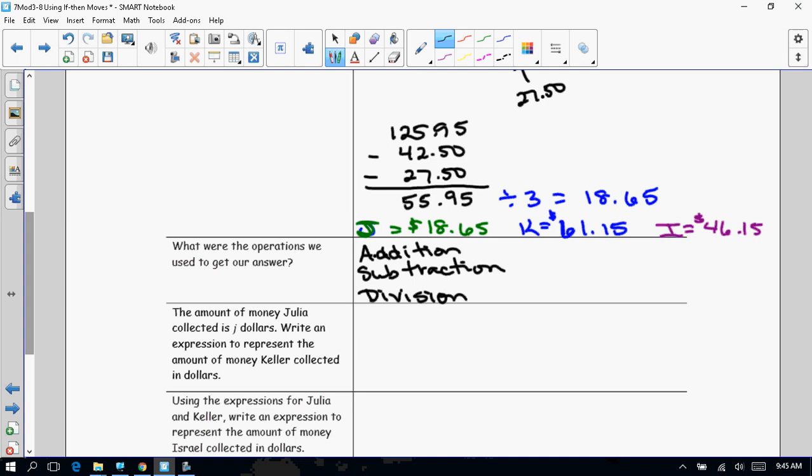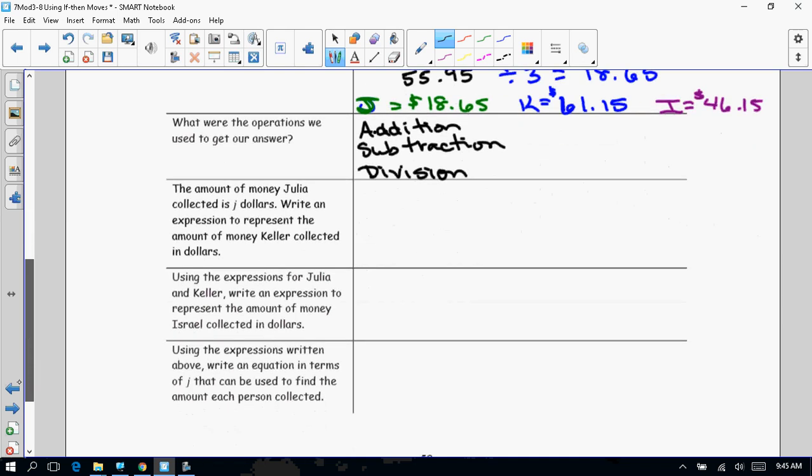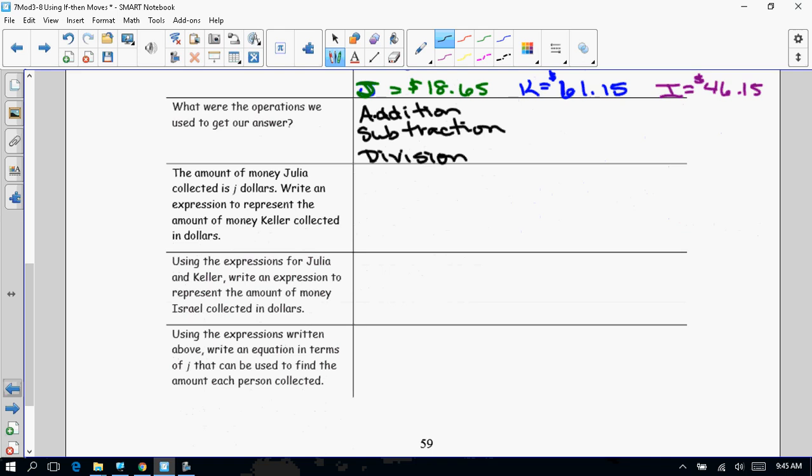All right. Well, what if instead we had written this using a formula, using variables instead of doing the tape diagram? Because, you know, some of us don't like the tape diagrams. So here's what we can do. We can say Julia is J. We're not very original in coming up with our letters. J for Julia. And so we could say that Julia's money plus Keller's money, and Keller's money is Julia plus $42.50, there's Keller's money.